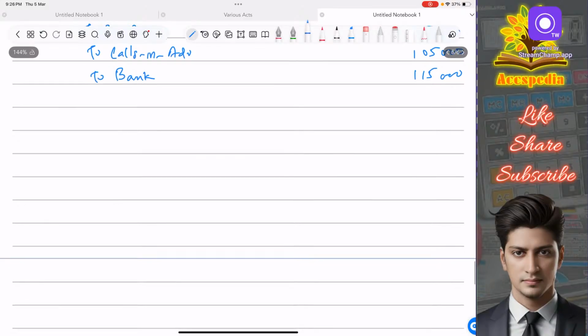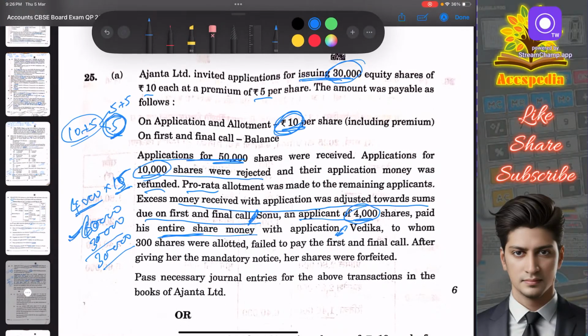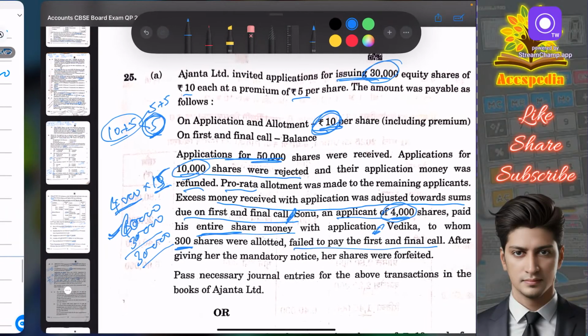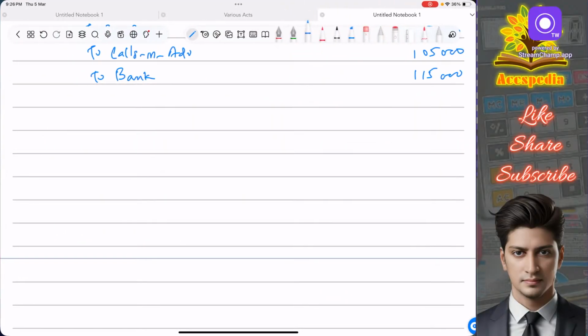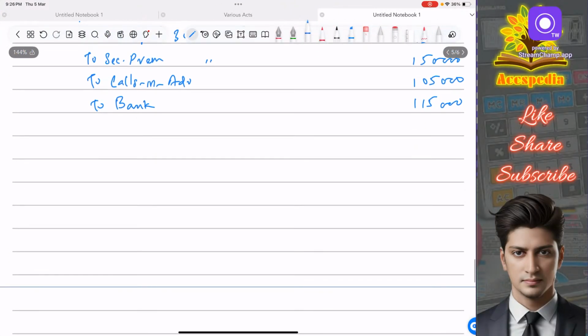Now, okay, there are also 300 shares in arrear with the first and final call. Her shares were forfeited after that. Okay, let's first pass the due entry for the first and final call. Share first and final call account debit.